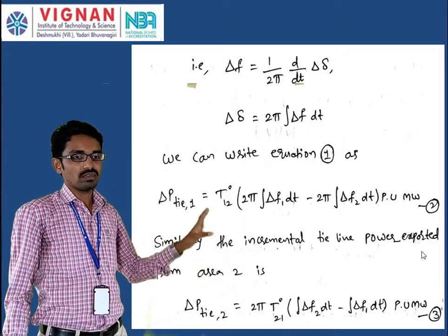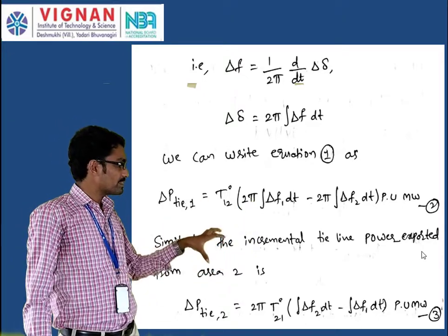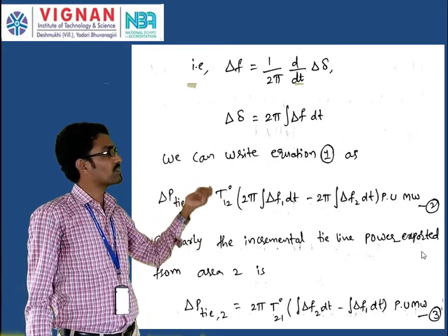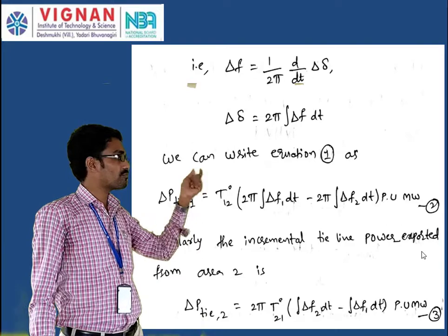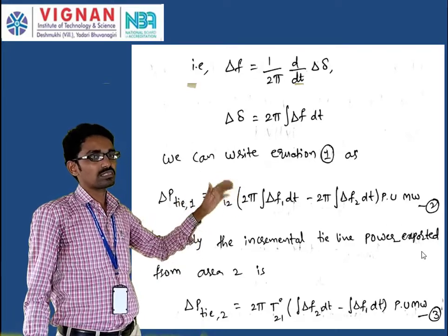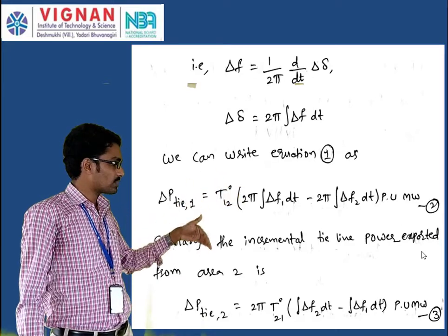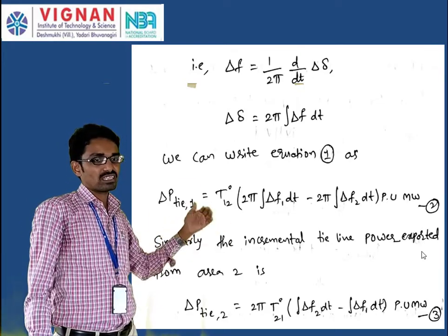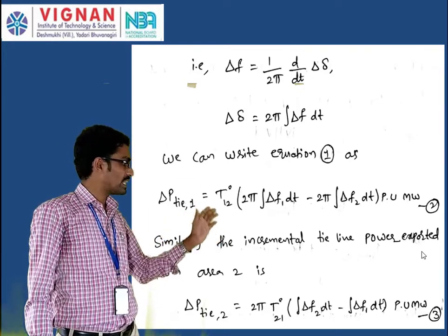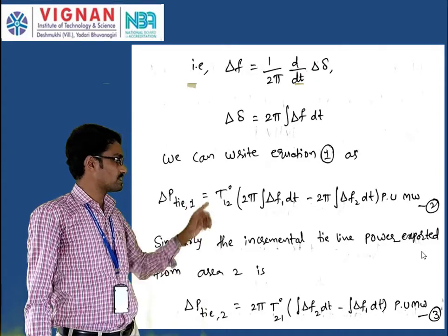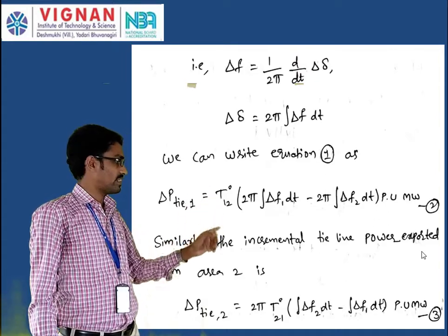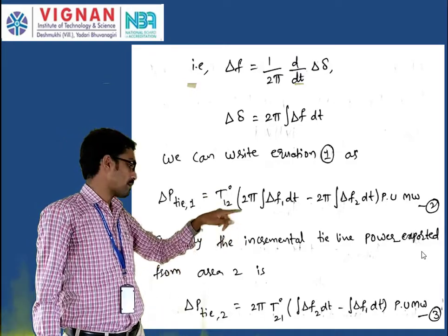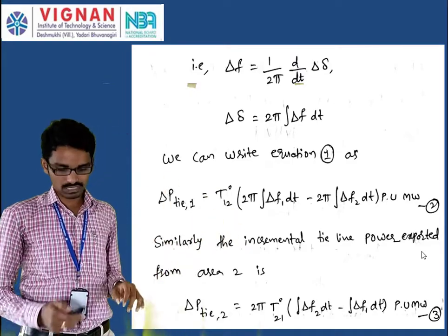Here our priority is control area 2, whereas in the previous case our priority was control area 1, so there the one term came first and then the second. In the delta P tie 2 equation our priority is the second area, that is 2 pi into T210 integral delta F2 dt minus integral delta F1 dt per unit megawatts.